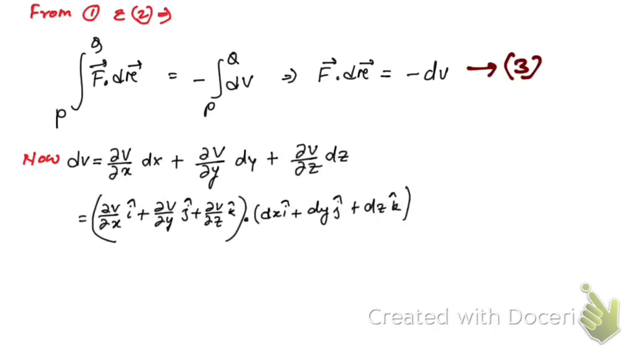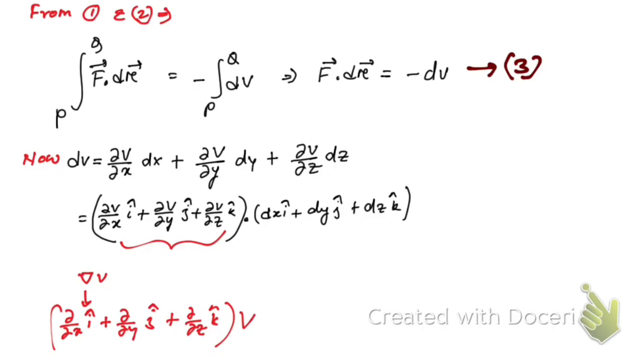And this can be written as, here we have V. Now you see this part is nothing but del V, because del is nothing but del x i cap plus del y j cap plus del z k cap. That is the del operator, right?